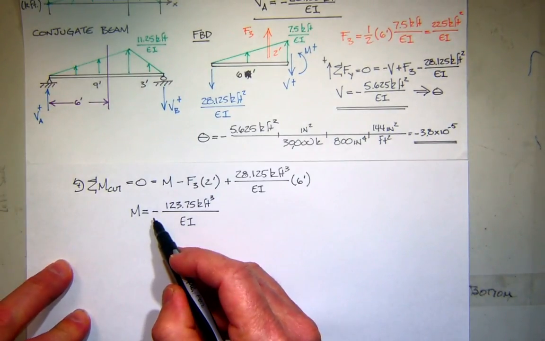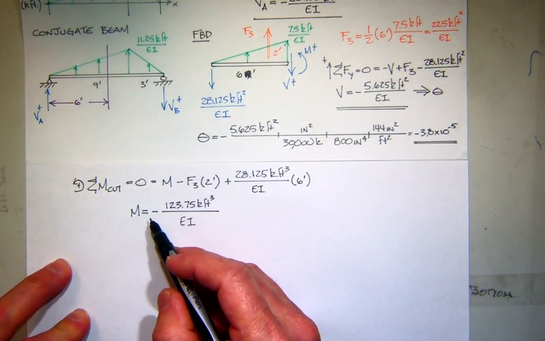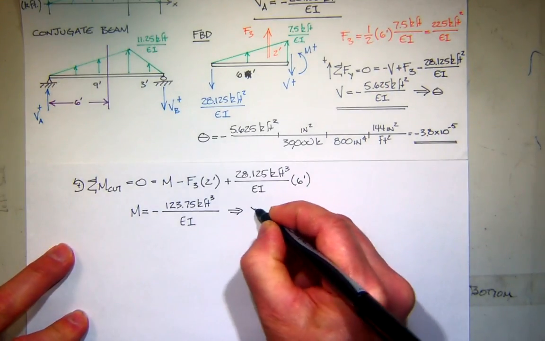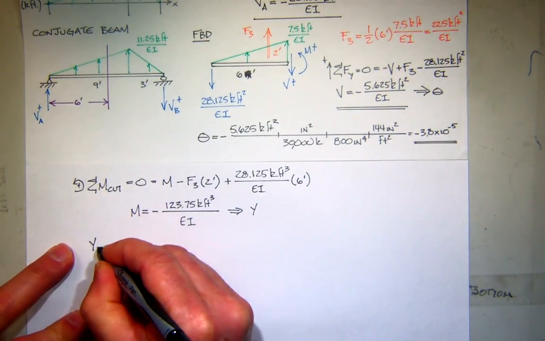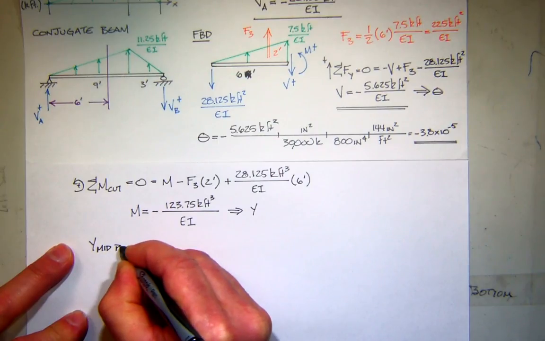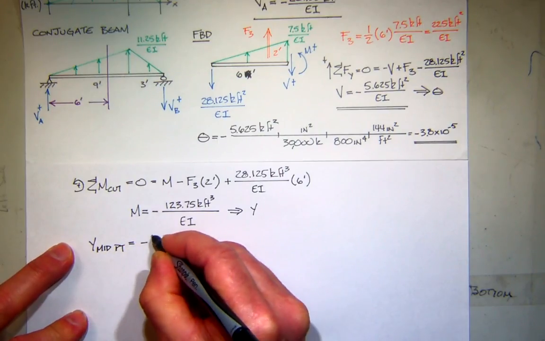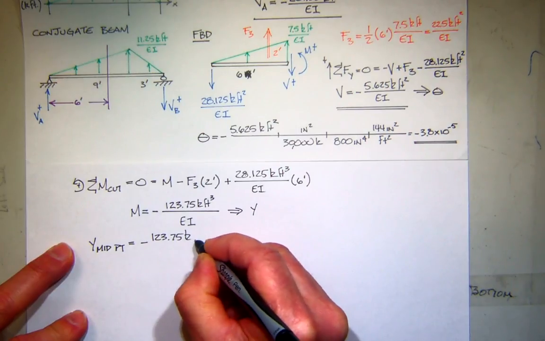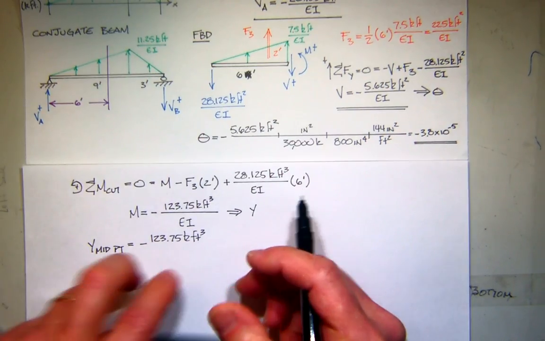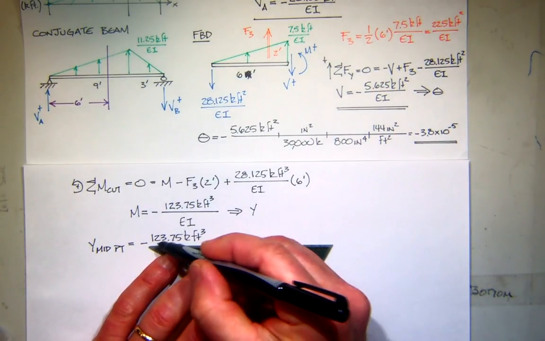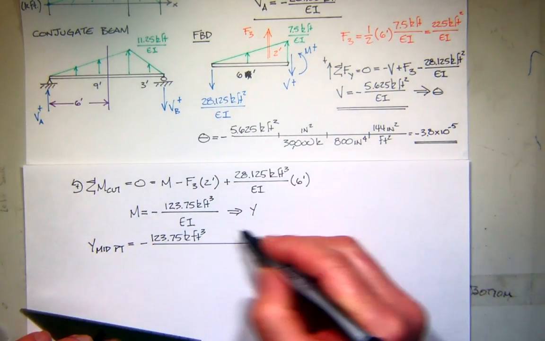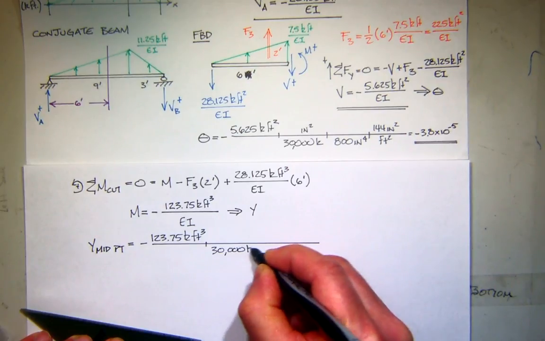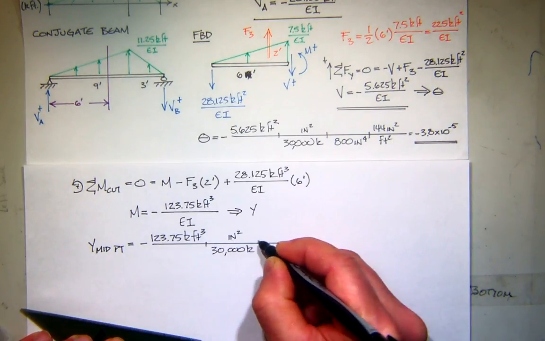So the minus sign makes sense because I'd expect the displacement to be negative, down. And we know that moment really maps to displacement. So our displacement at the midpoint should be equal to that. It's going to be pretty small, 123.75 kip feet cubed. Now we just need to divide by EI and do some unit conversion. Just like previously, E is 30,000 kip per inch squared.